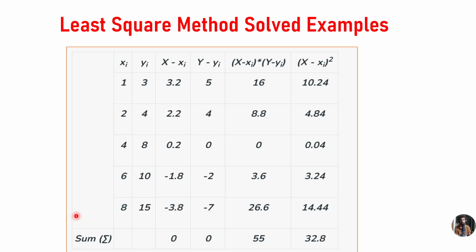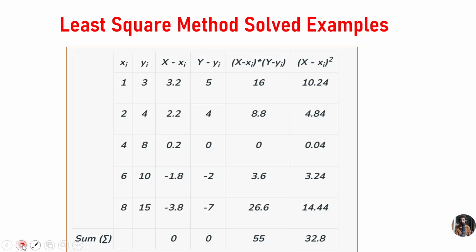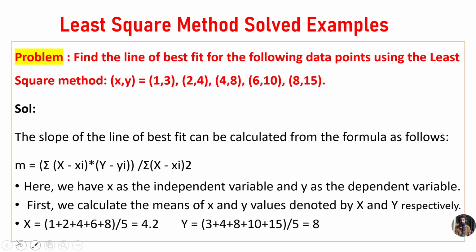Next, as per this definition, we need to find out x minus xi. What is the value of x? x is nothing but the mean. The mean of xi is 4.2, and the mean of y is 8.